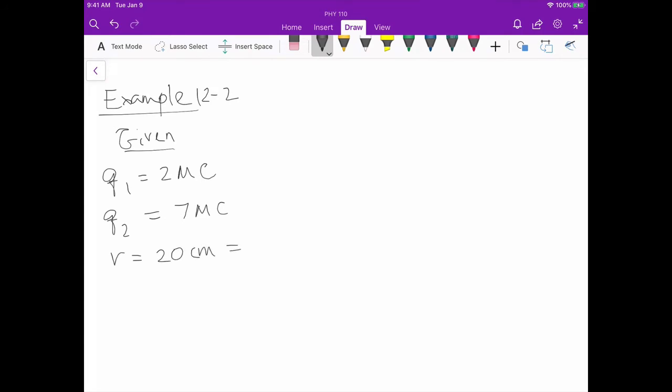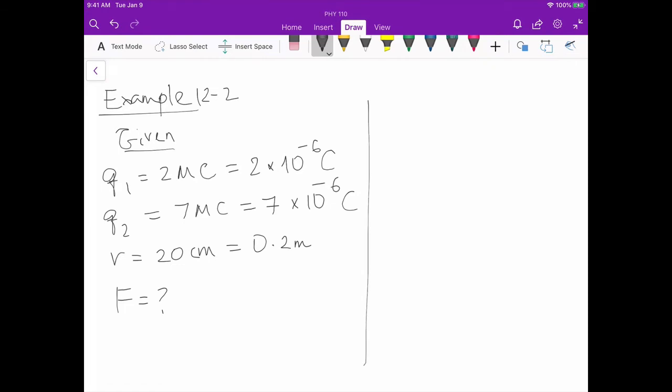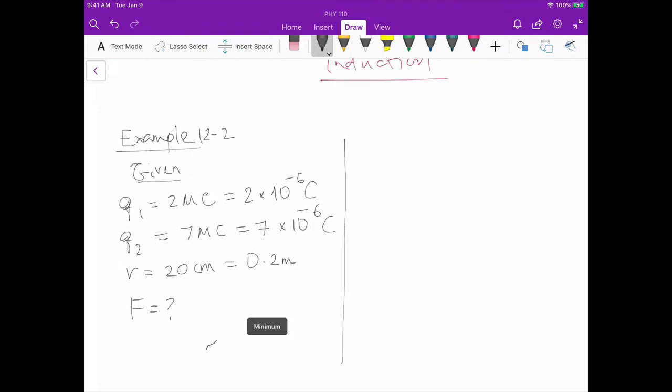You need to convert this to meters. It will be 0.2 meter. Keep in mind 2 microcoulomb means 2 times 10 to the power of minus 6 coulomb, likewise 7 times 10 to the power of negative 6 coulomb. Now you are asked to determine how much electrostatic force is happening between the two. You just solve your problem by applying Coulomb's equation.